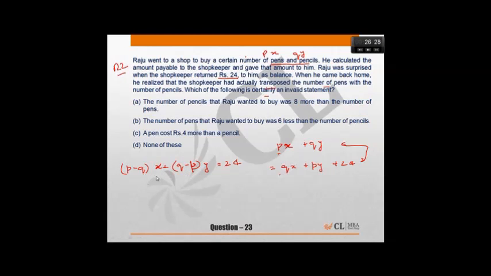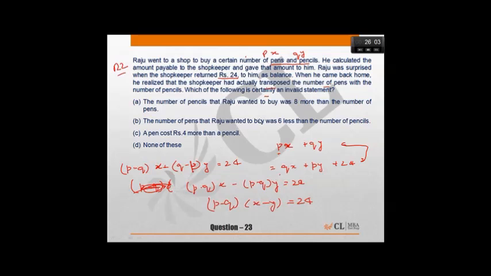Taking p minus q common, p minus q into x minus y is equal to 24.